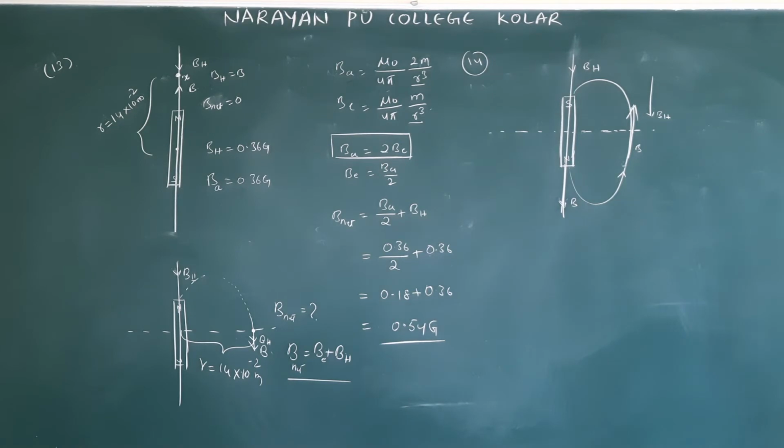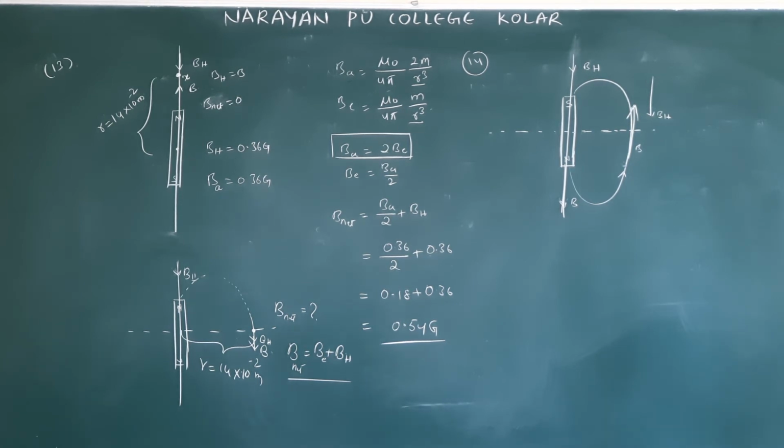Next, last problem, 15th. A short bar magnet of magnetic moment 5.25 into 10 power minus 2 joules per Tesla is placed with its axis perpendicular to the Earth's field direction.